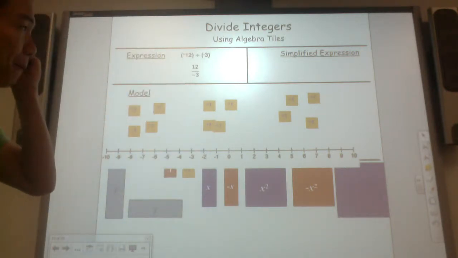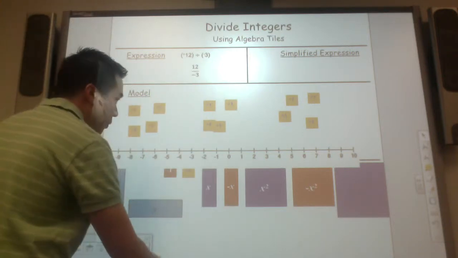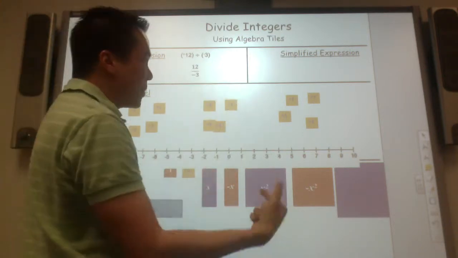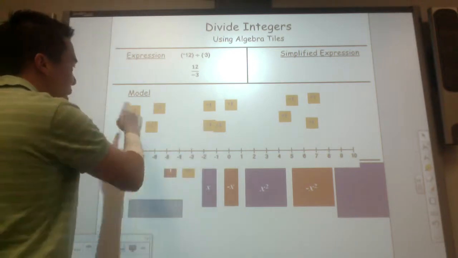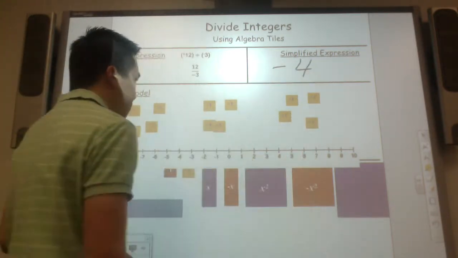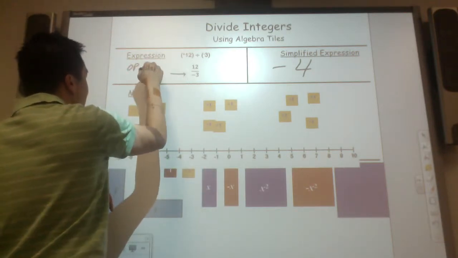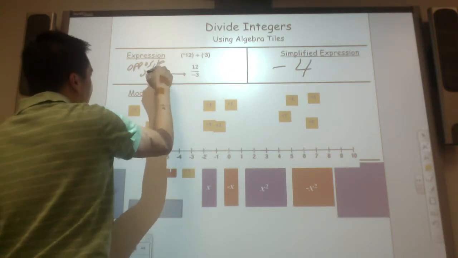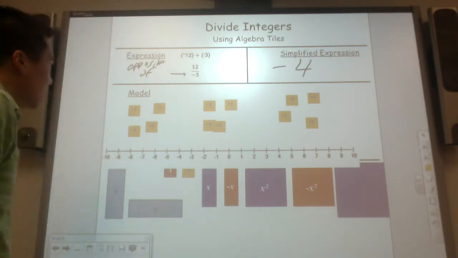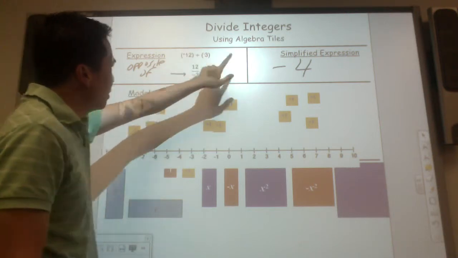Negative here means opposite of. So it looks like it's positive 4. But what is the opposite of positive 4? Negative 4. So this negative here means opposite of. So that's weird. When the signs are different, it's negative.